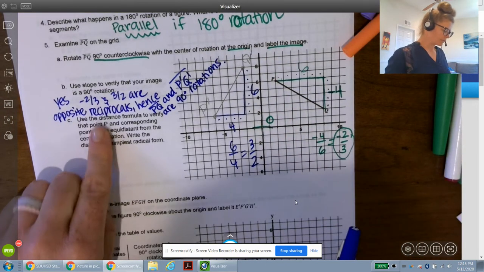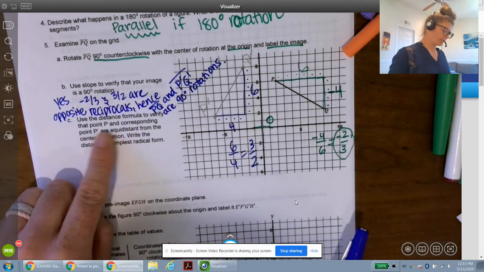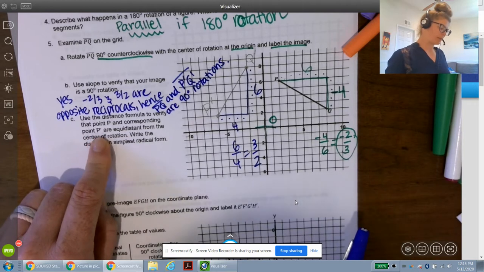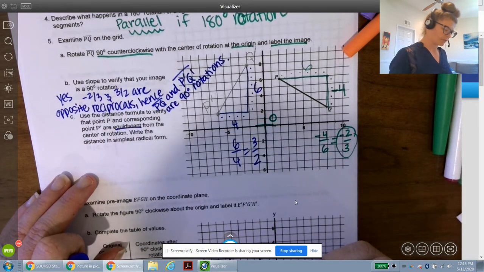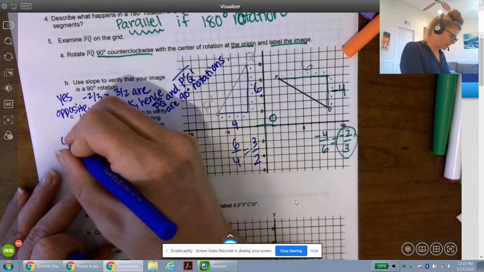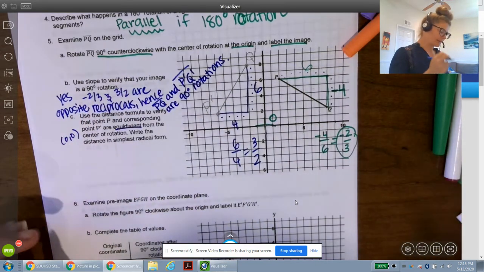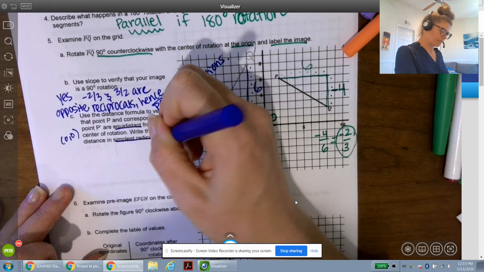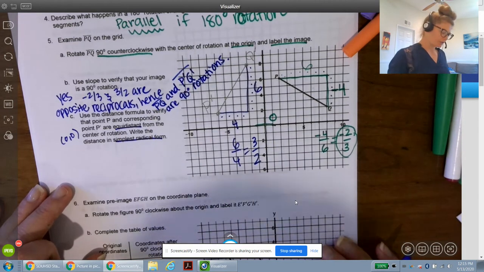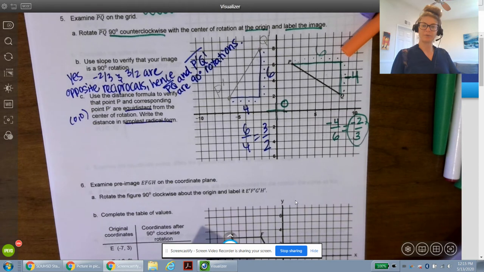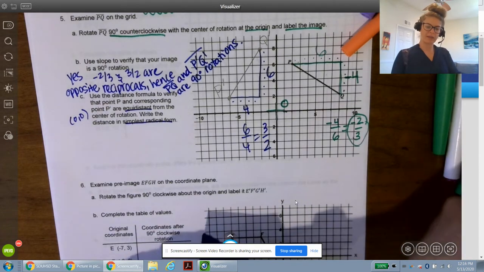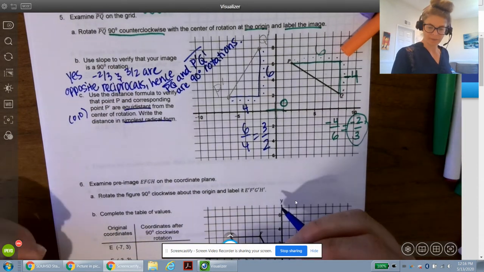Cool. Use the distance formula to verify that point P and corresponding point P' are equidistant from the center of rotation, which is the origin, which remember is 0, 0. Write the distance in simplest radical form. Awesome. So what we want to know is the distance between P and the origin and P' and the origin.